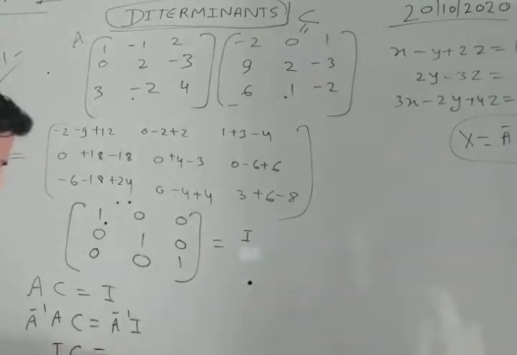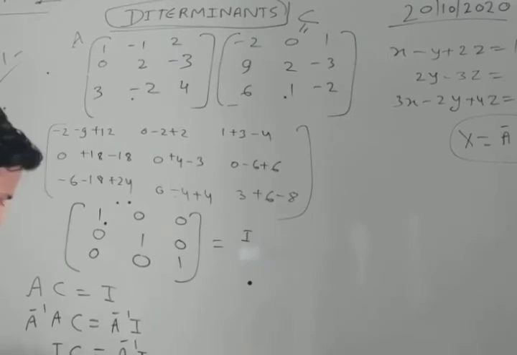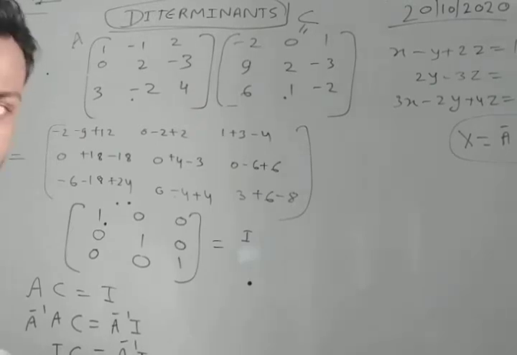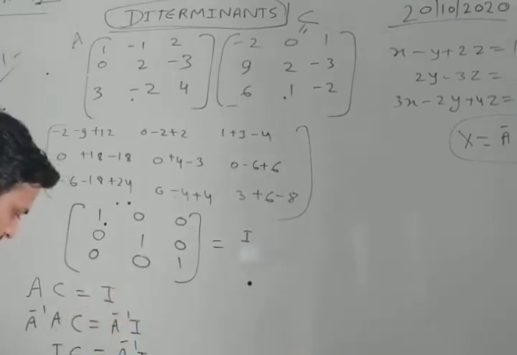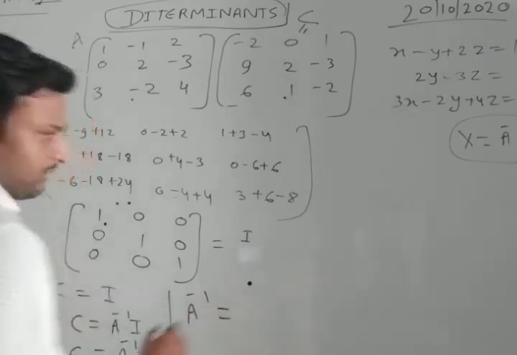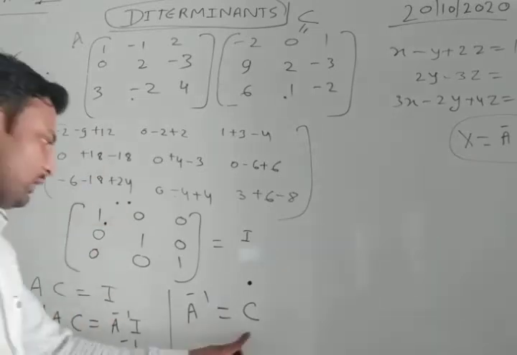So IC is equal to A inverse I. If we multiply any matrix by the identity matrix, we get that matrix. So A inverse will be C.